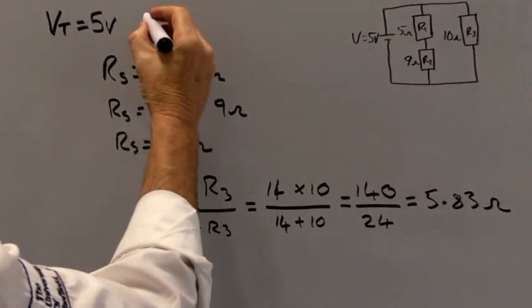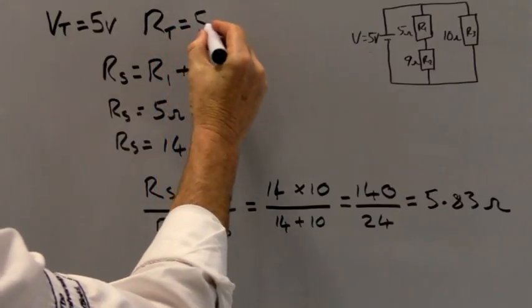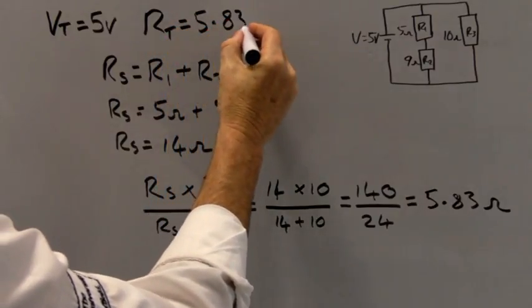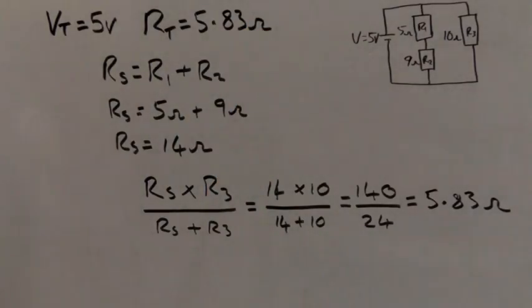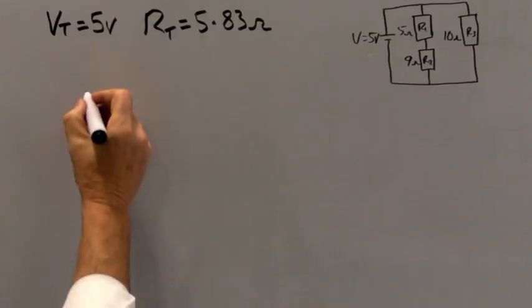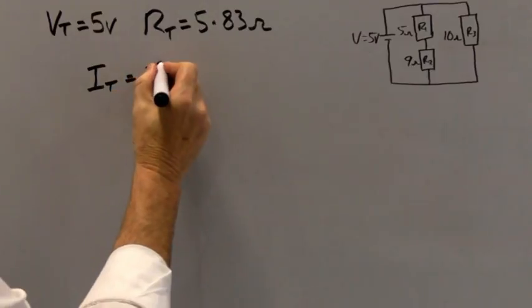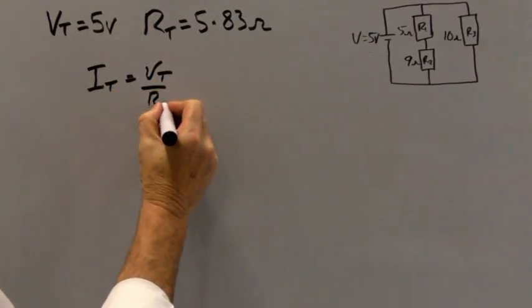So I'll make a note of that up here. RT equals 5.83 ohms. Right, so now I've found the total voltage and the total resistance, I can calculate the total current through the circuit using Ohm's law. IT is equal to VT divided by RT.